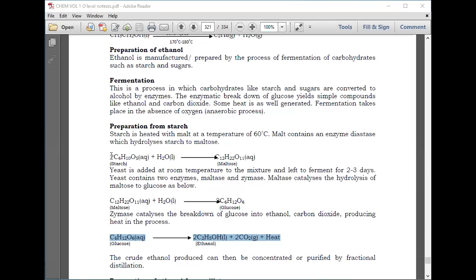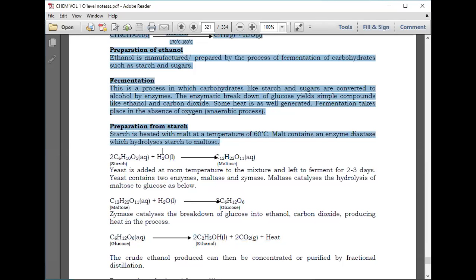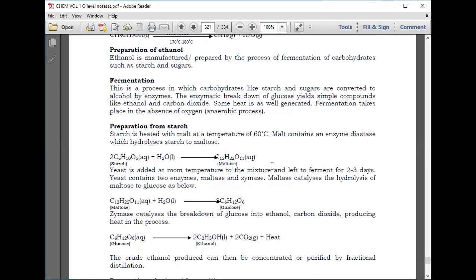Have you written these three equations and put the enzymes I told you to put there? Because when we ask preparation, even if you don't know the words, you should remember the three equations such that you get marks on the equations. Have you written the equations?